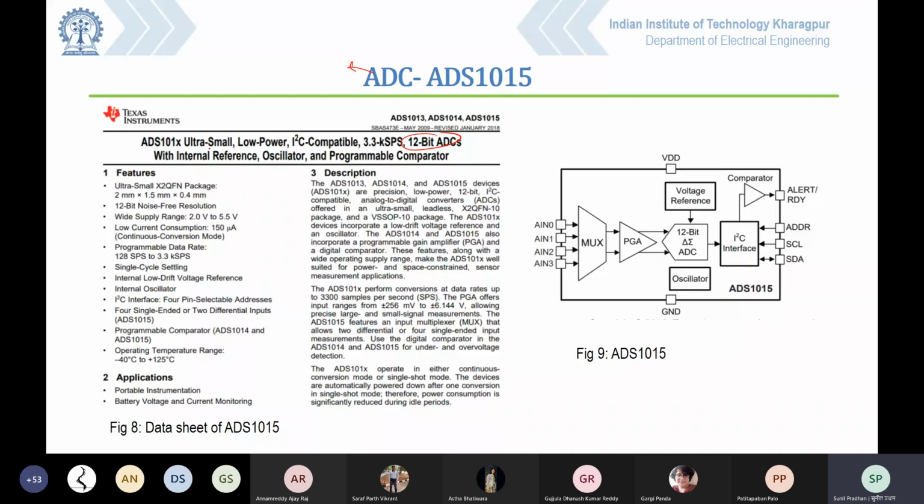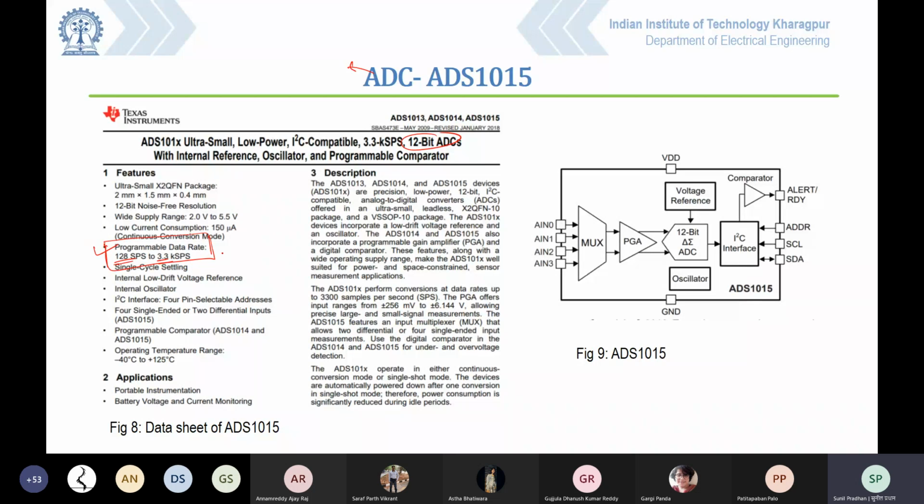While choosing an ADC, the first thing I should see is the data rate, meaning the maximum sampling frequency. Here it can go from 128 samples per second up to 3.3 kilo samples per second. This is a very good ADC for my work. Depending upon your application, you have to choose your ADC. If you don't want a very high sampling frequency, then why would you spend money and the MCU's time to sample each and every bit.